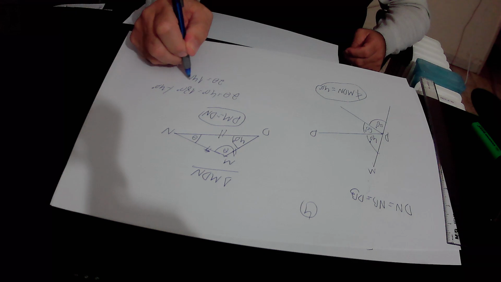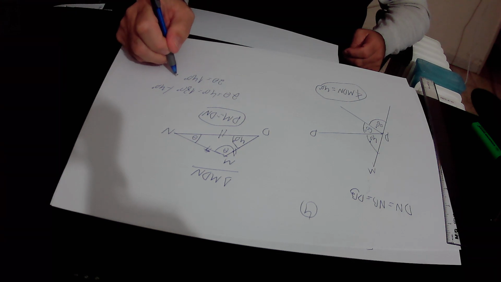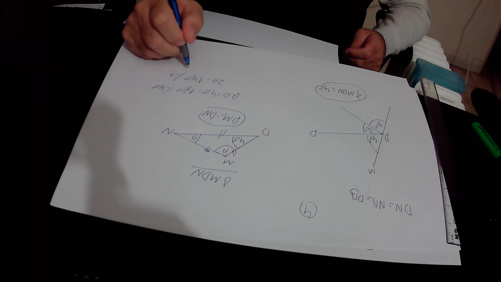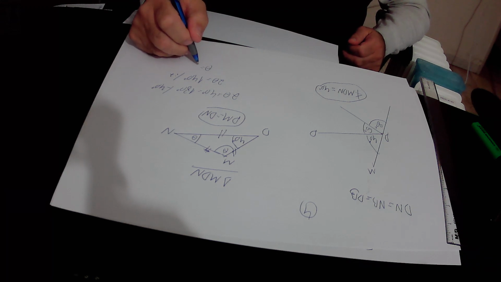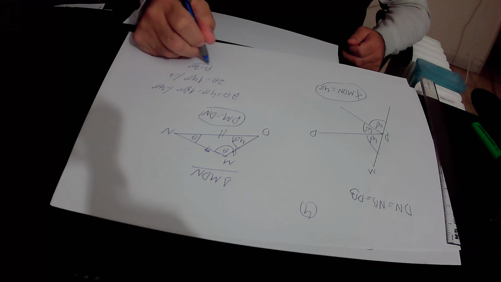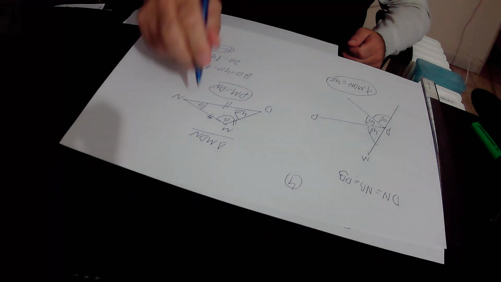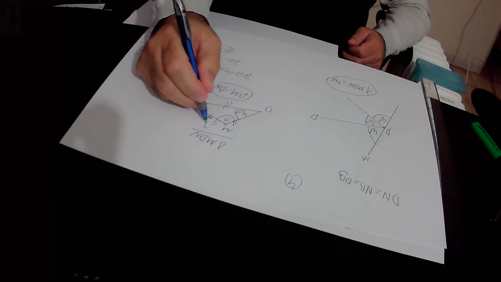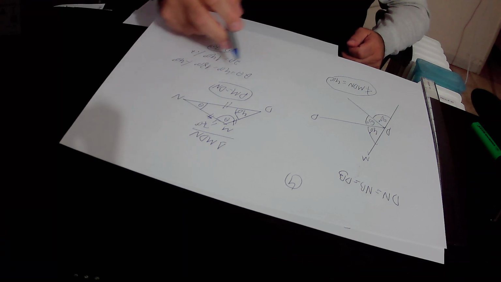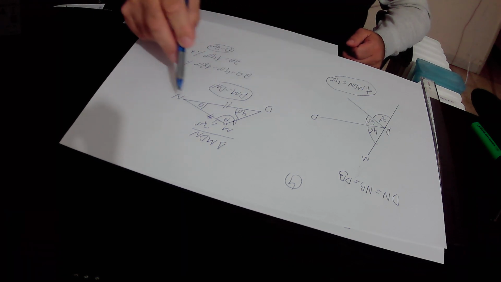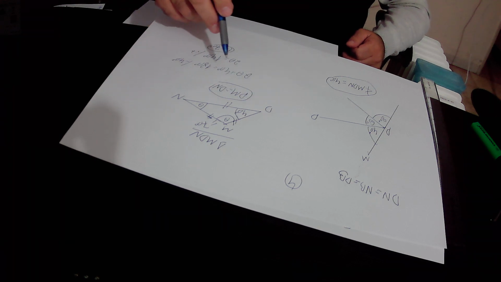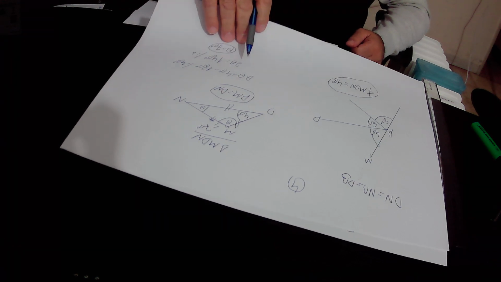We divide by 2, and we finally get that angle theta equals 70 degrees. Angle theta is also defined as angle DMN, so angle DMN equals 70 degrees in size.